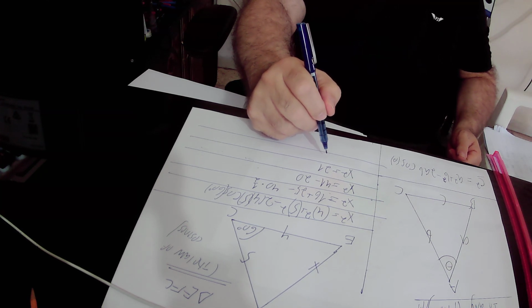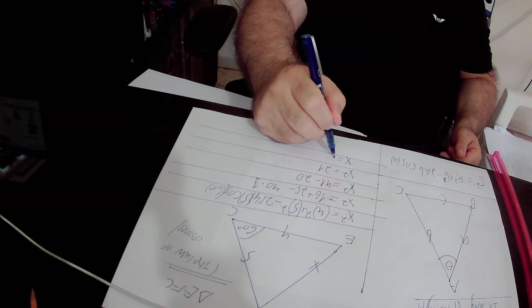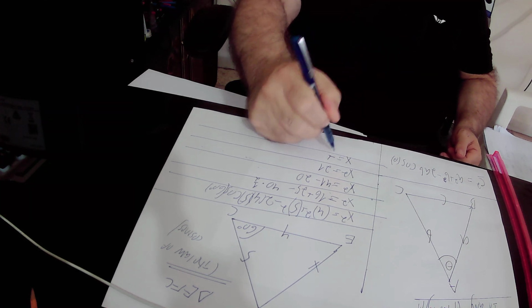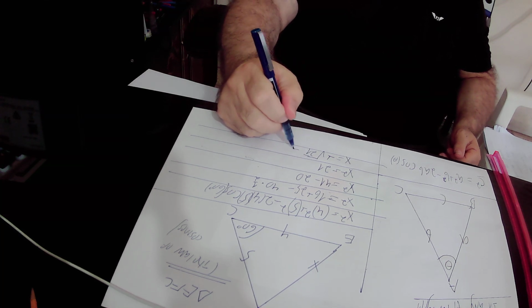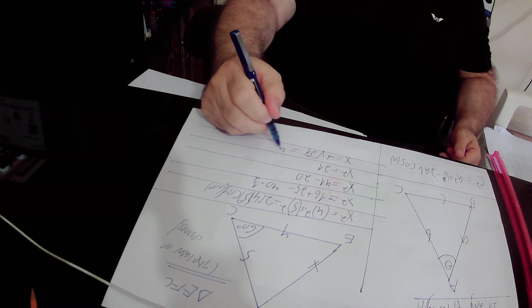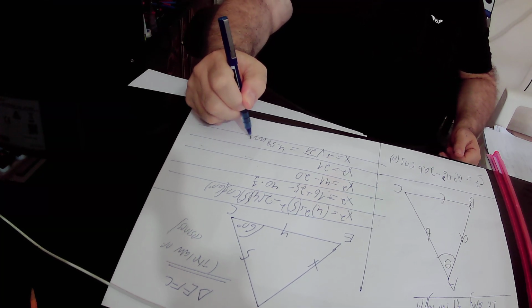Here we will take the root of this equation and we get that x equals the positive square root of 21, or in terms of numbers, 4.58 units.